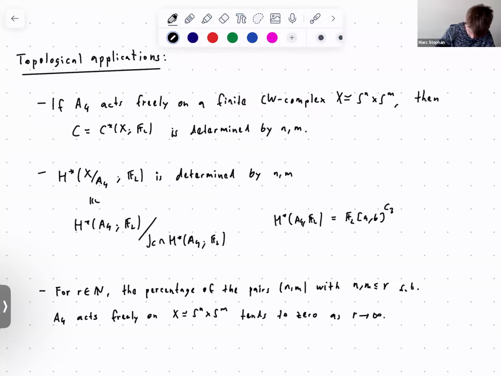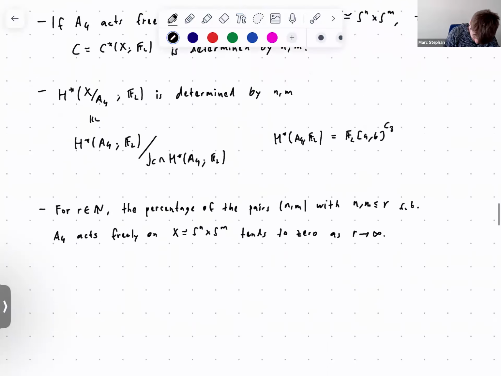Then let's finish with a question, namely, we would be very interested to know if there is a free A4 action on S10 cross S11.